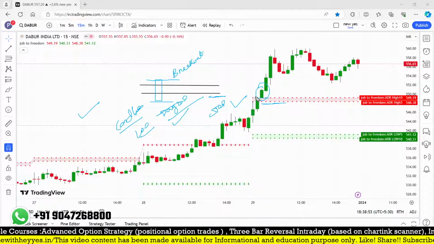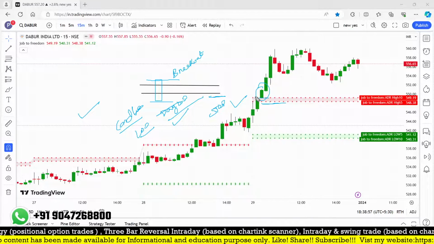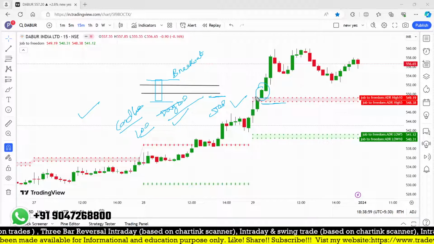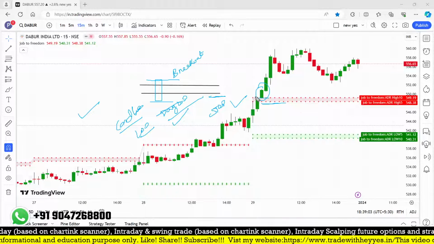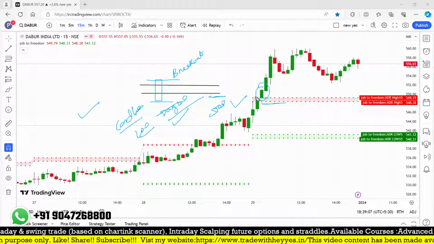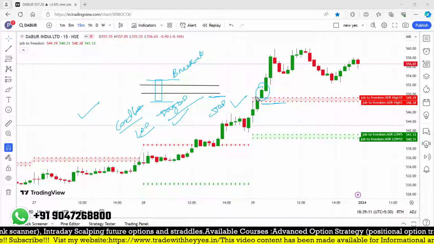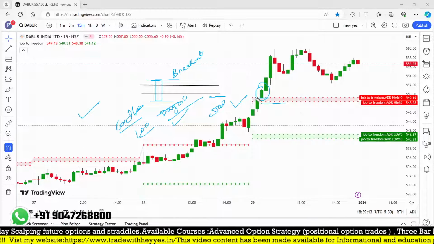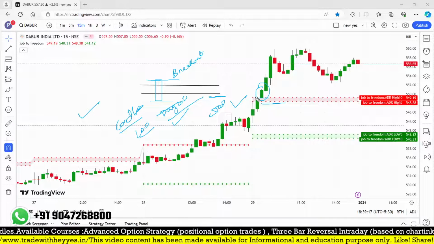The main reason we use the scanner is to find stocks. Many stocks would be there. If you are watching a sheet or a chart, you can watch one stock at a time, or if you are using four windows, you can track four different stocks. But a scanner simply helps me find those stocks which meet this particular condition.